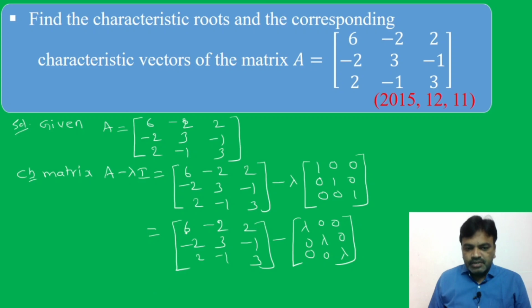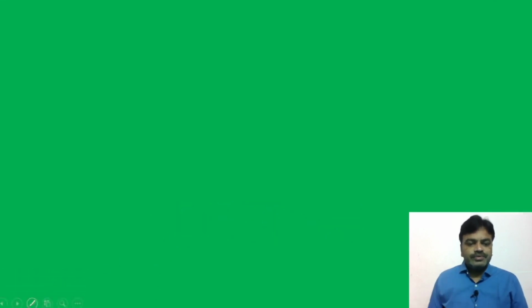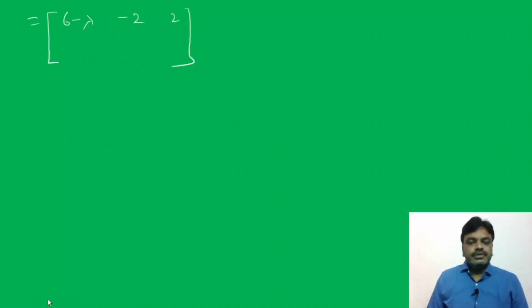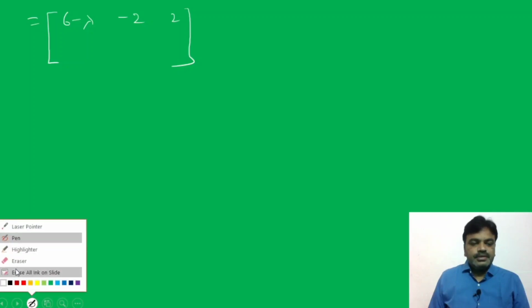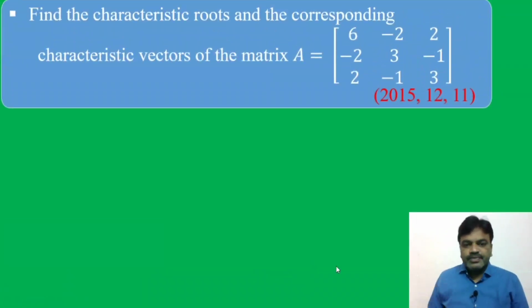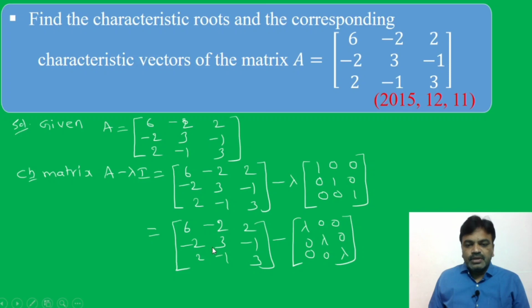So we get here, in the first row, 6 minus lambda, minus 2, 2. Now the second row: minus 2, 3 minus lambda, minus 1.